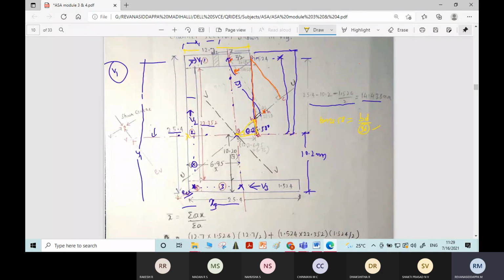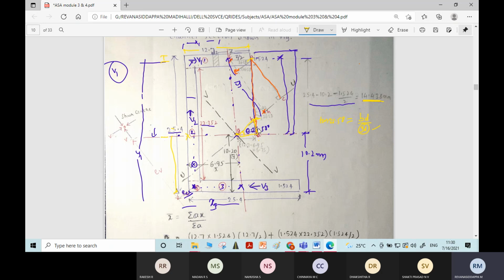Now we can calculate this AB distance. BD is known, so we calculate A to D. The total distance is 25.4, so 25.4 minus 10.2, from here to here, minus half of this rectangle, 1.524 divided by 2, gives 14.438 mm as this AD distance.